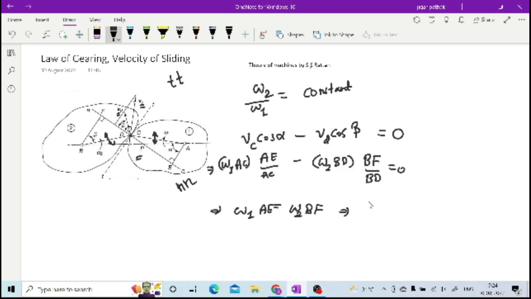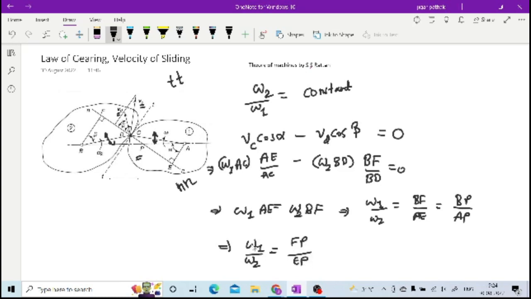So now you can write omega 1 by omega 2 is equal to BF upon AE, which can also be written as BP upon AP from the similar triangles. Furthermore, it can also be represented as omega 1 by omega 2 is equal to FP upon EP.